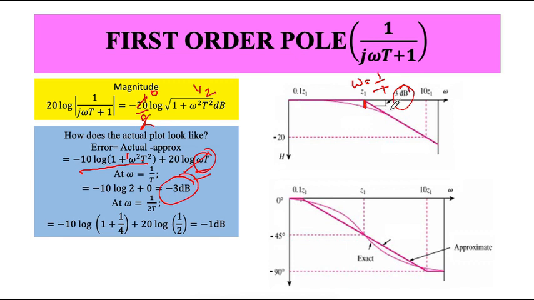Similarly, I could ask myself what happens at other points. Say at omega equals 1 by 2t. Again I am just putting in the value of omega, so my magnitude is minus 1 dB, right? So it will be somewhere here.